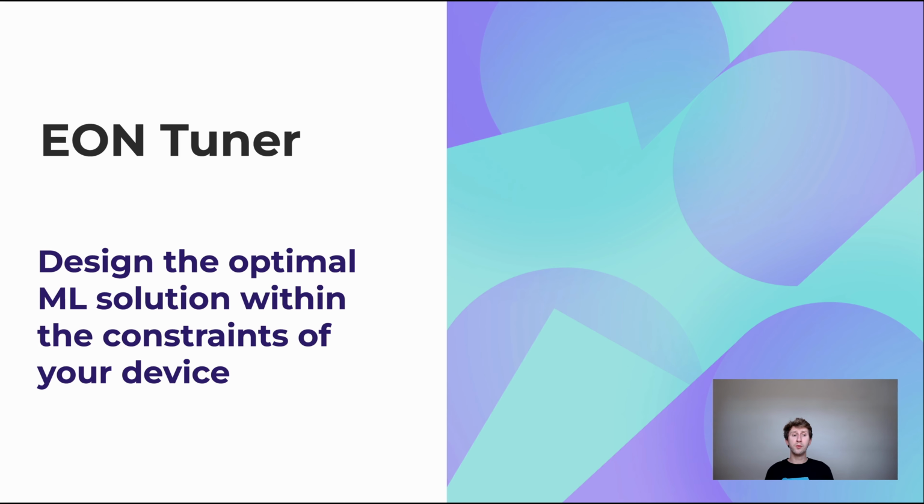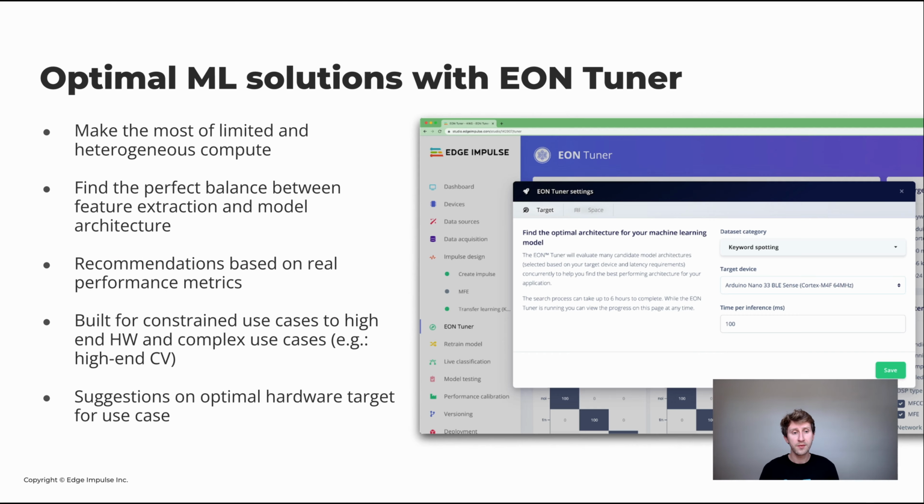So this is why we released EON Tuner more than a year ago, and the goal was to design the optimal machine learning solution within the constraints of your device. What we want to do is to make the most of limited and heterogeneous compute, and find the perfect balance between feature extraction and model architecture.